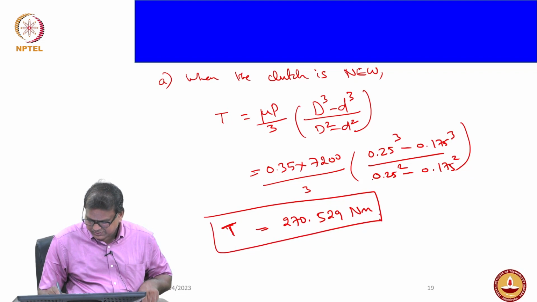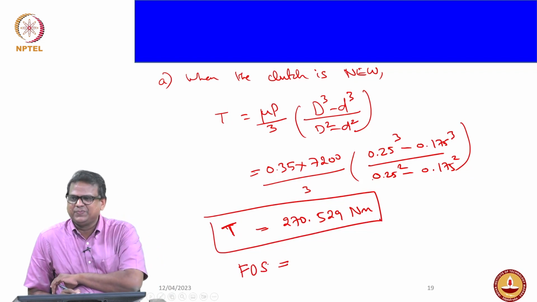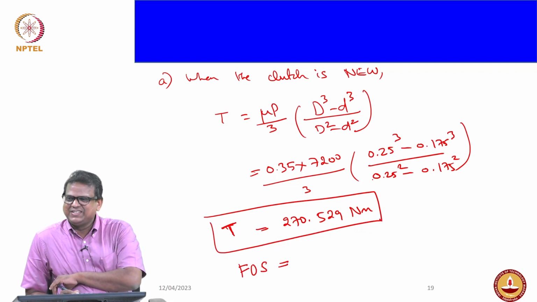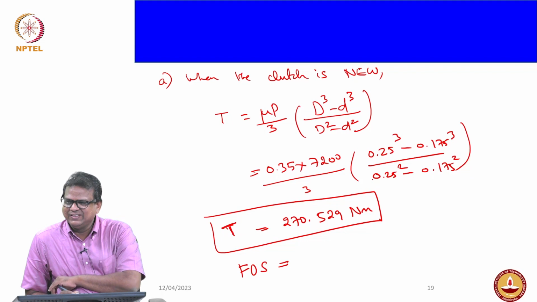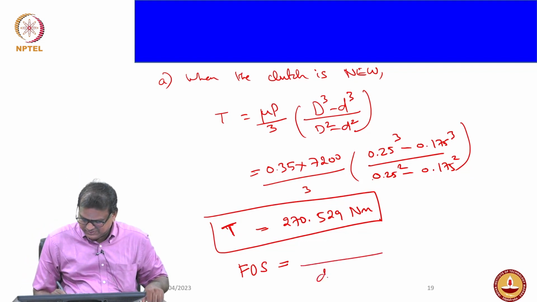Okay. The question is, they are asking factor of safety. What is the definition of factor of safety? Design torque and maximum allowable torque, right?